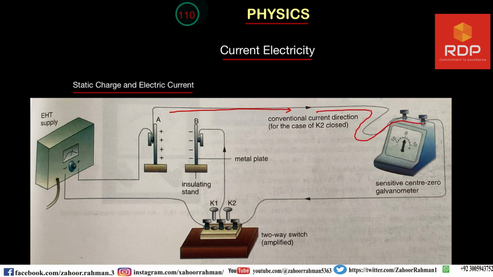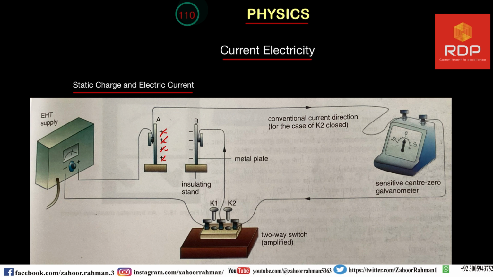So it will pass through this galvanometer and move towards the positive charge. When they reach this positive charge, the positive charge will be neutralized by the incoming negative charges, and they will cancel the effect of each other.